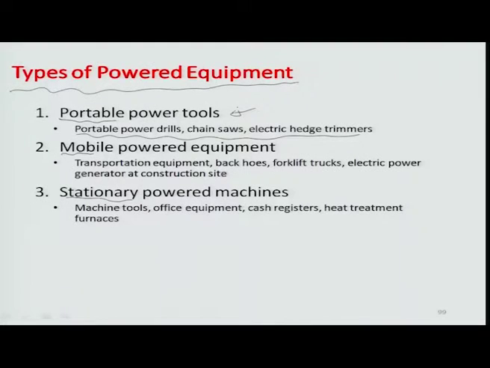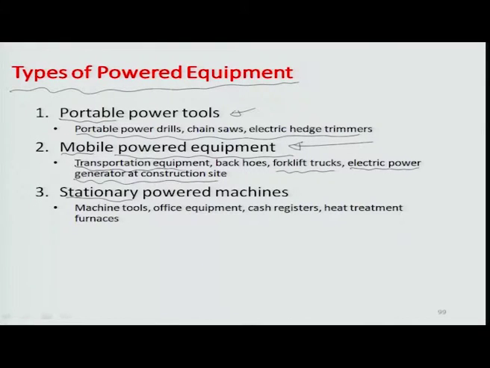such kind of tools. There are mobile power tools where there is a certain mobility, like for example an engine mounted on the top of a chassis moving ahead, okay, for example in case of forklift trucks, or let us say generators which are transported to the construction site to generate electric power.